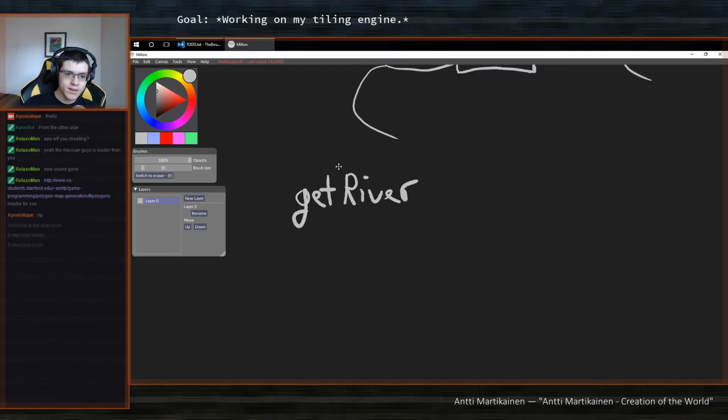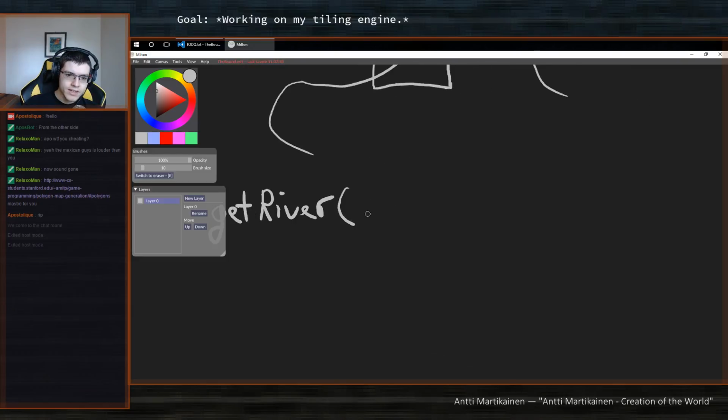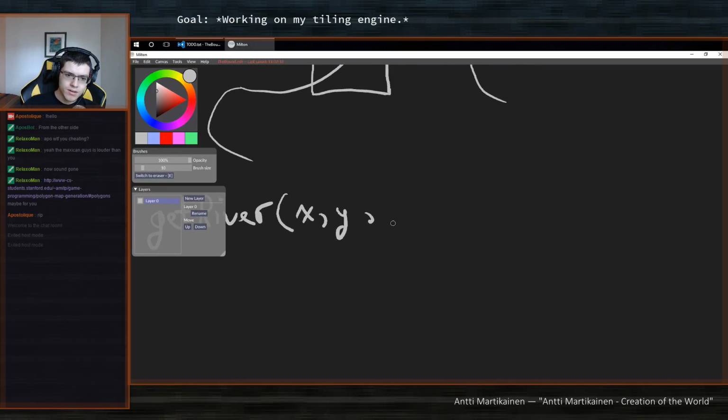So I create this function called getRiver, and I give you this x and y, and maybe width and height.